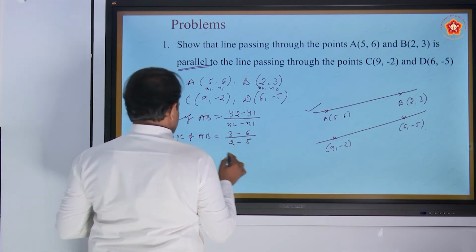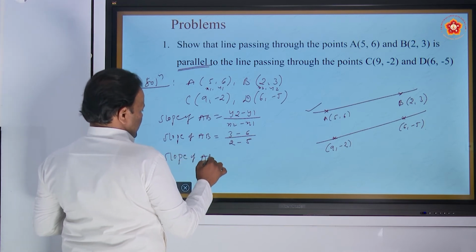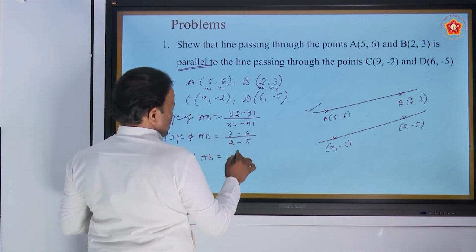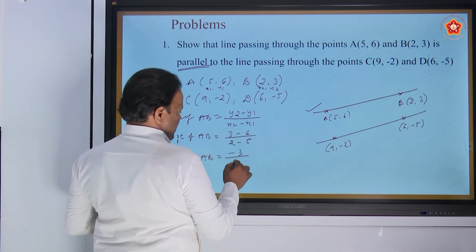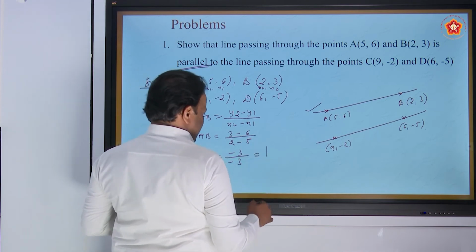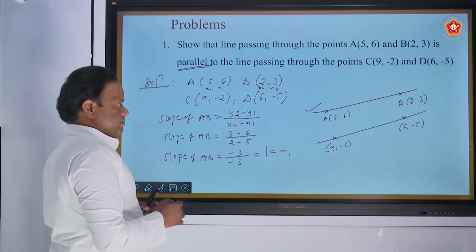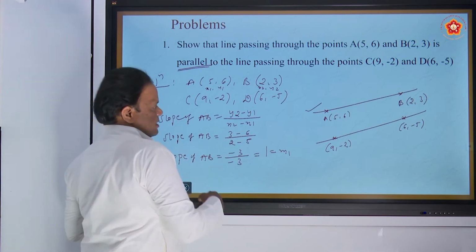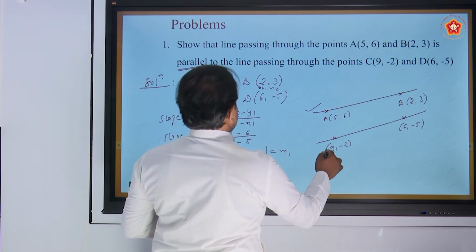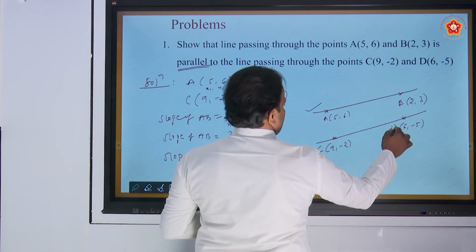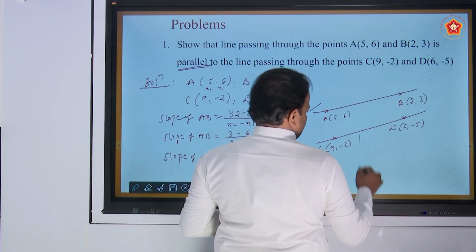Slope of AB is equal to minus 3 by minus 3. Minus 3 and minus 3 get cancelled, remaining 1. I call this slope M1. Now find the slope of the other line, through points C and D. What is the slope of CD? So I write here slope of CD.